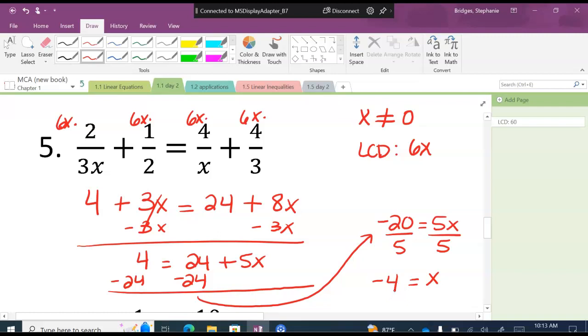The one thing you have to do when there are variables in the denominator and you state a restriction, once you get an answer, just go back and ask yourself, did I get what I was not supposed to? I was not supposed to get 0. Did I get 0? No. So guess what my answer is? It's negative 4. Question: what would I say if I had gotten 0?